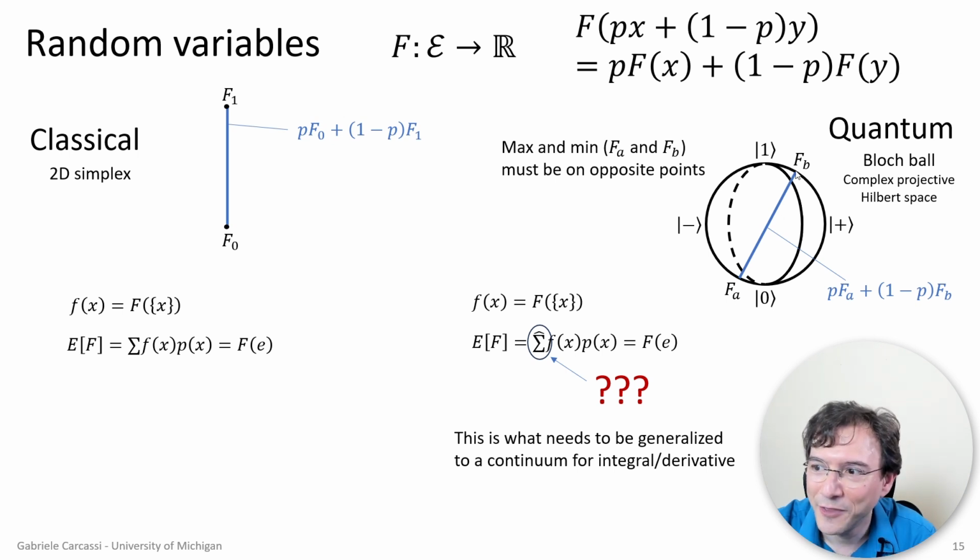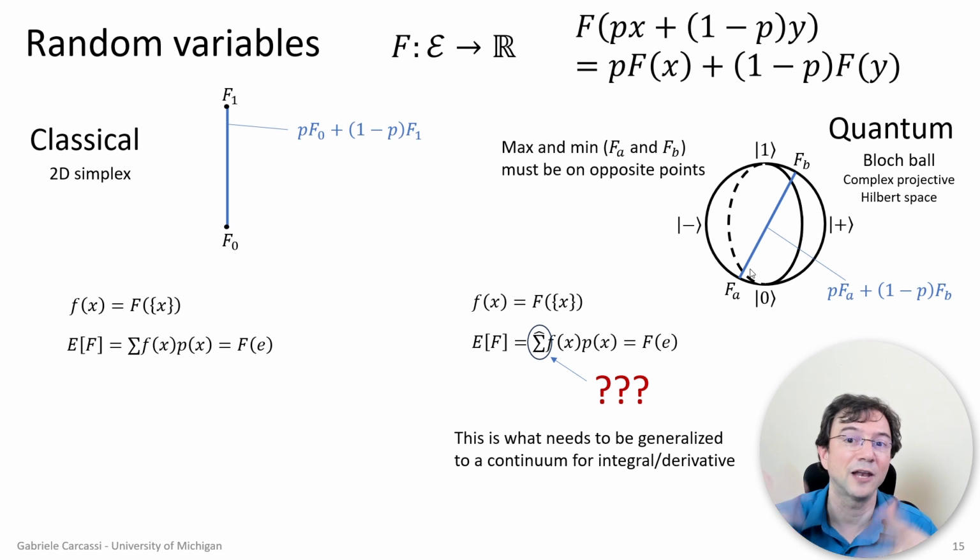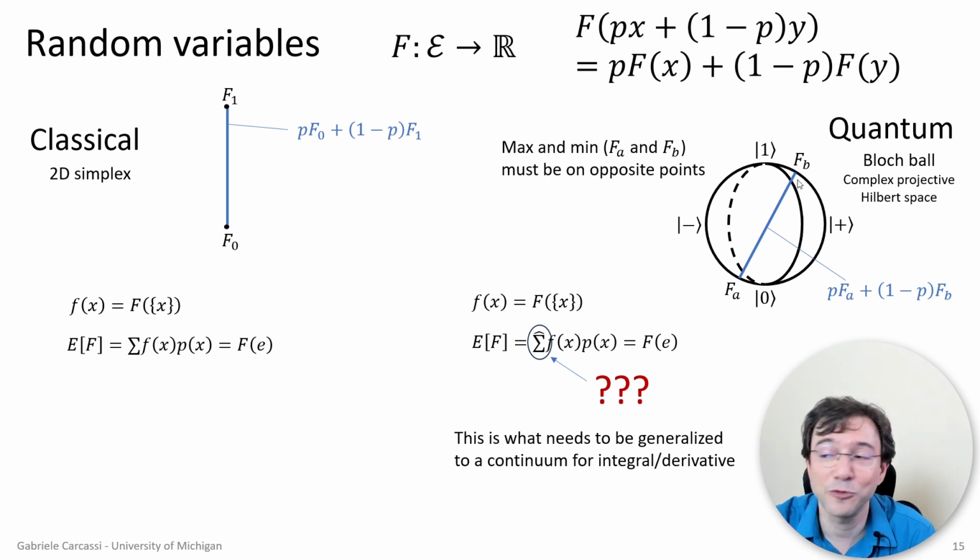So once you know these 2 points and you know the value that f gets at those 2 points, then you can reconstruct the value everywhere else. And in quantum mechanics, these 2 points become the eigenstates of the Hermitian operator corresponding to the observable, and the 2 values become the eigenvalues.